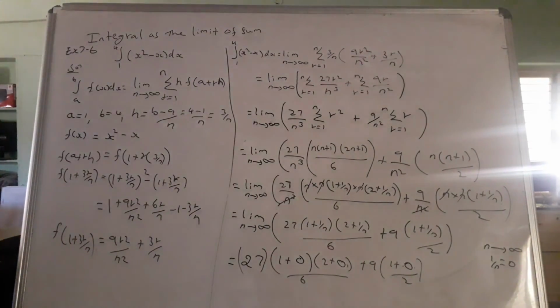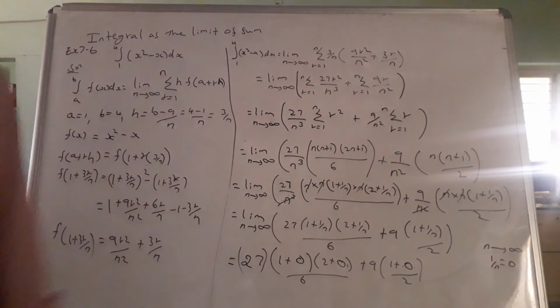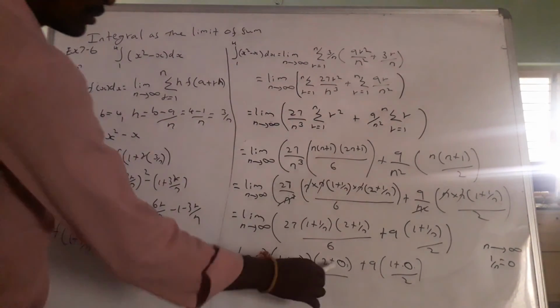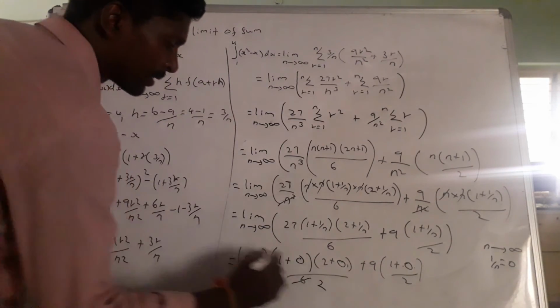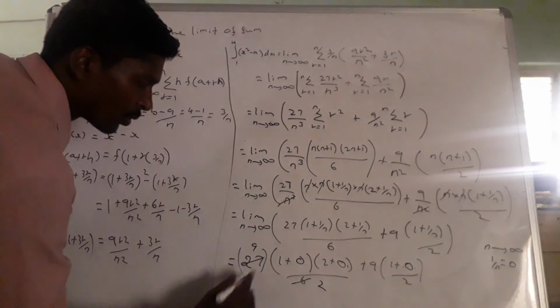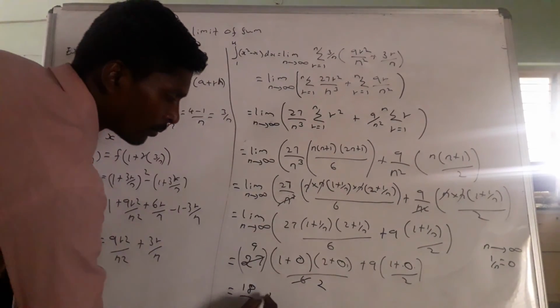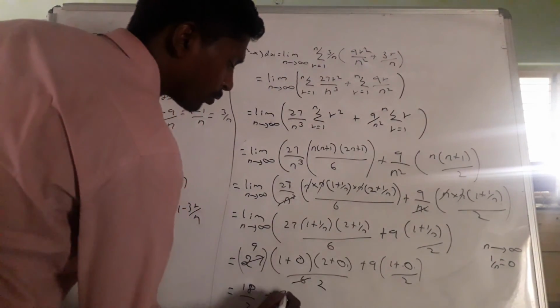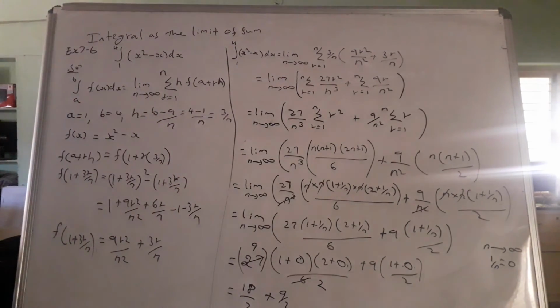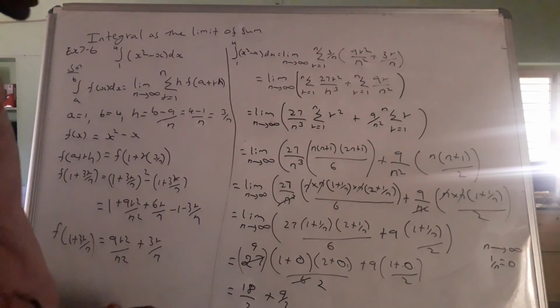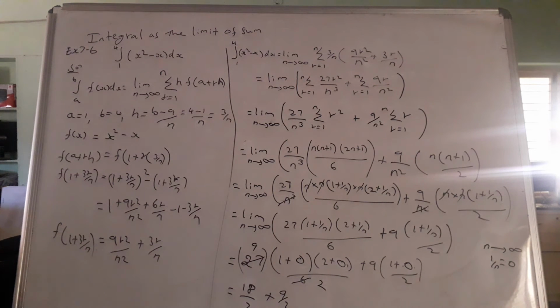Now eliminate the terms. 1 plus 1, 2 will come. We eliminate here 3, 2 times, and here 9 times will come. So we multiply to get 18 by 2, plus here 9 by 2. Otherwise 2 can also cancel: 27, 1 will come, 2 by 2. 3 sixes are 18, 9 3s are 27.